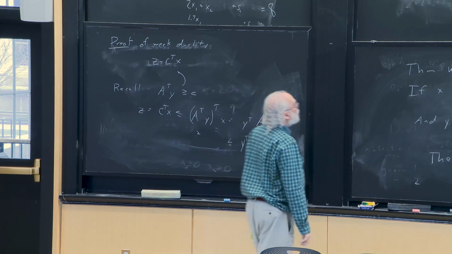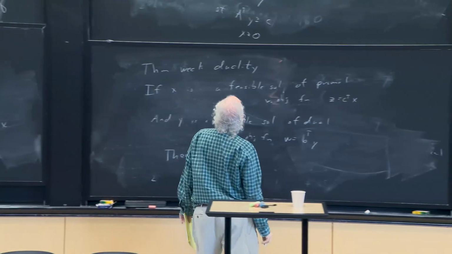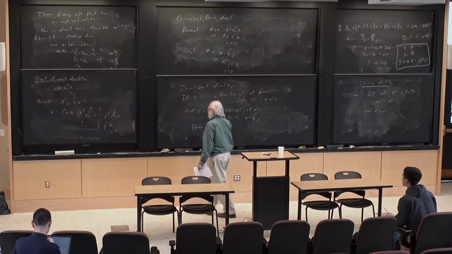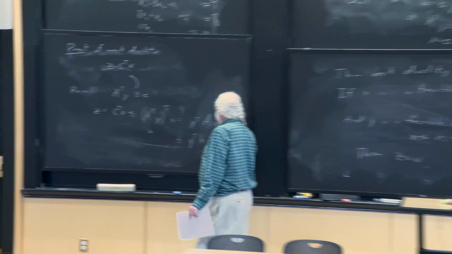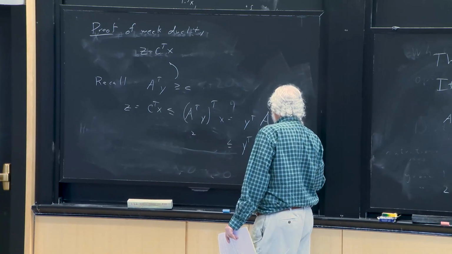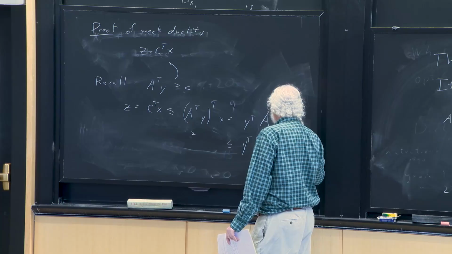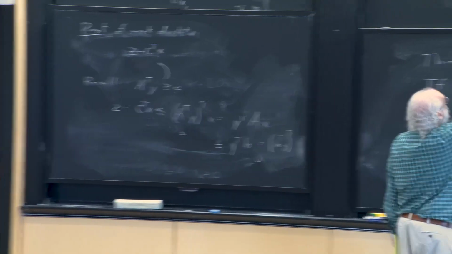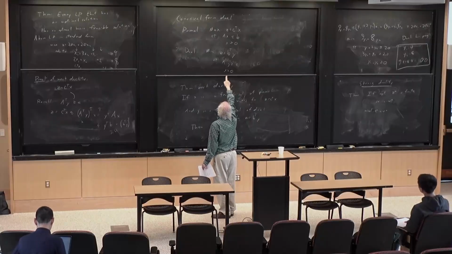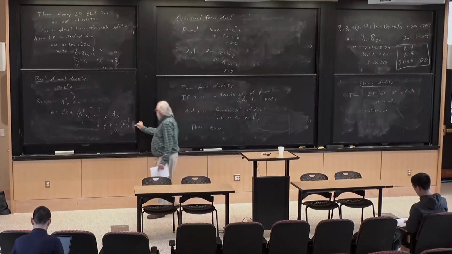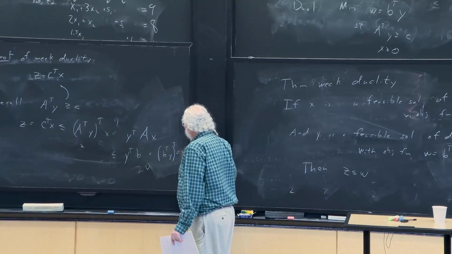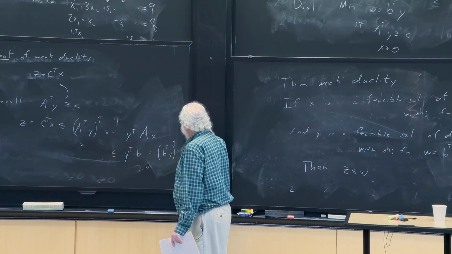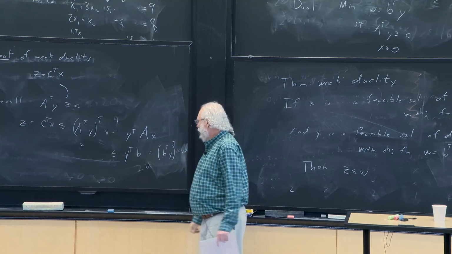And what was Y transpose B? That's just the transpose of B transpose Y, and B transpose Y was W. So this is W, because W is a scalar, so transposing it doesn't make any difference.